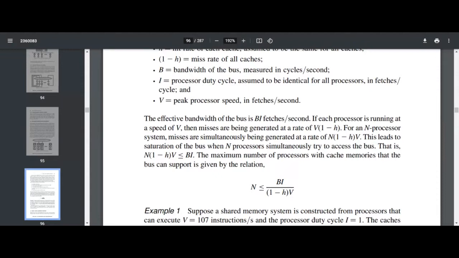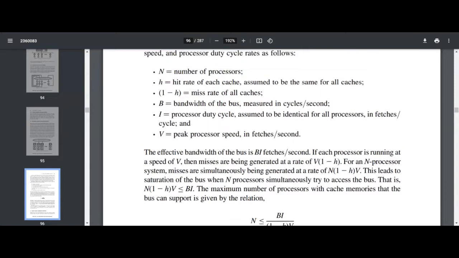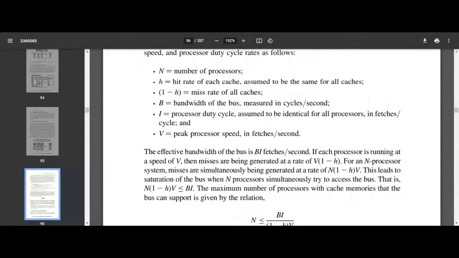If each processor is running at a speed of v, then misses are being generated at the rate of v times (1 minus h), where h is the hit rate. So the total miss rate is 1 minus the hit rate.